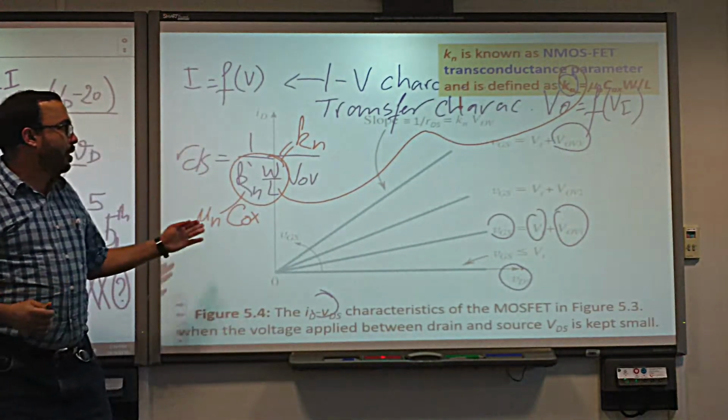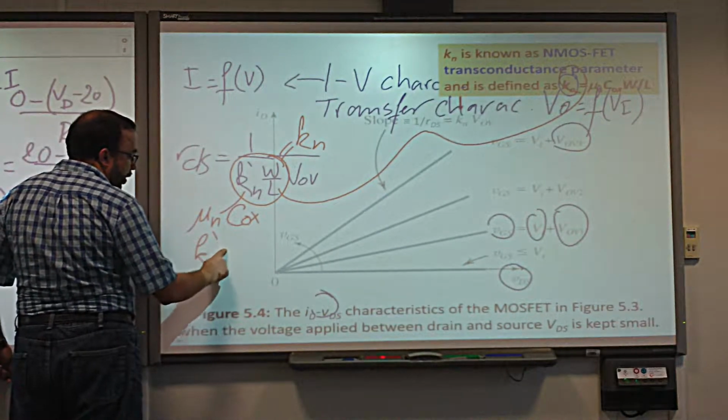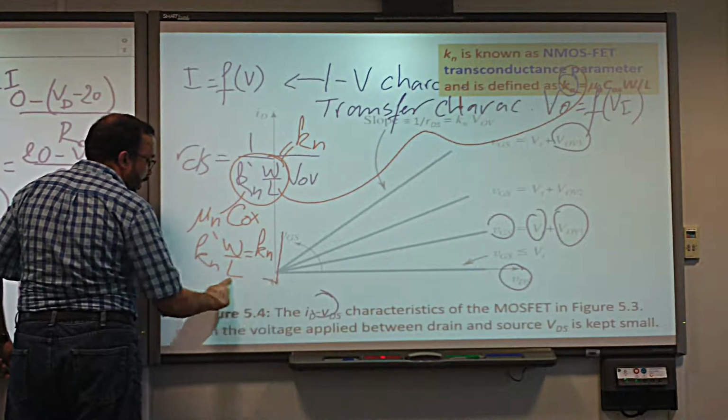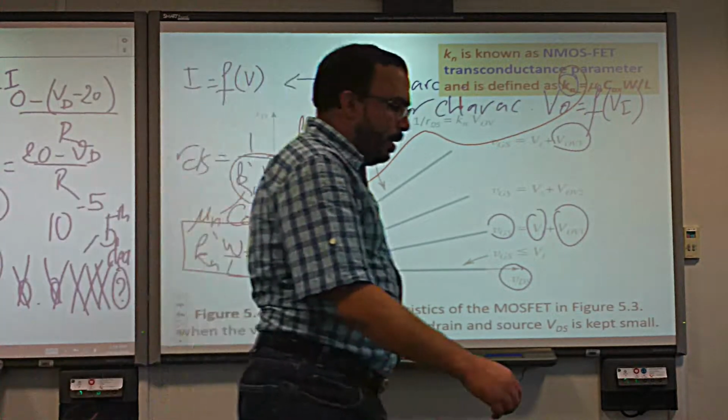So you can write Kn prime multiplied by W over L is equal to Kn. Remember this, because we are going to see these two parameters, Kn and Kn prime, many times.